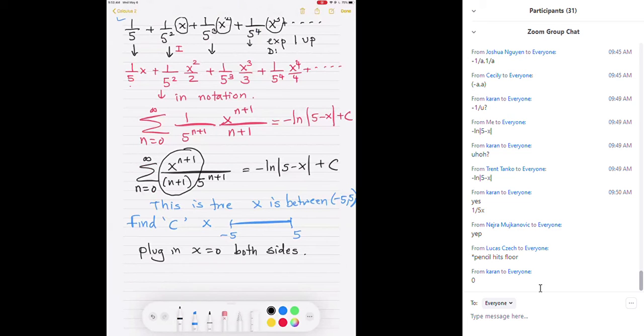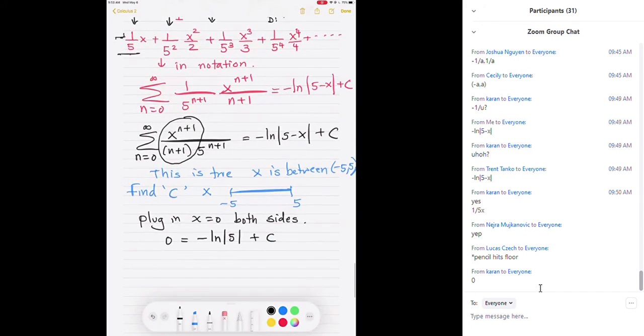That gives us 0 equals negative ln of 5 plus C. So what is C? C is ln 5. And some very important thing is happening.